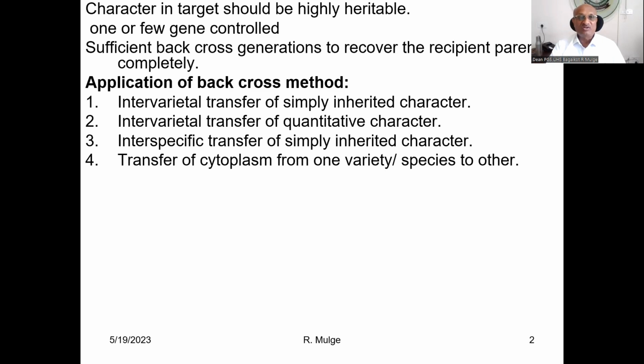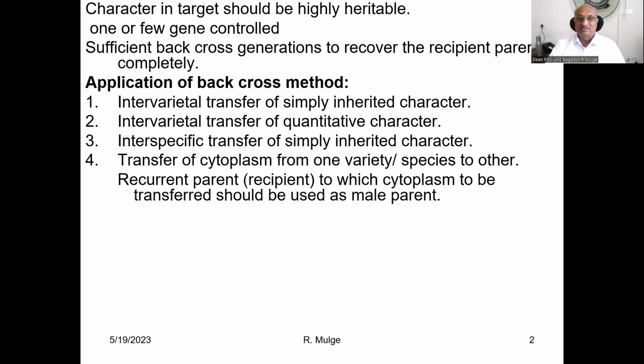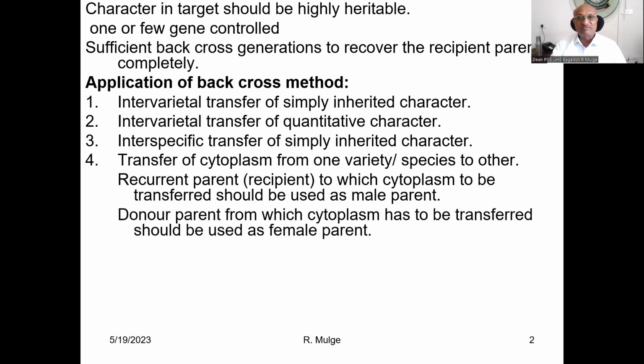Then it can also be used to transfer cytoplasm from one variety or species to another. The recurrent parent to which the cytoplasm is to be transferred should be used as a male parent. And the donor parent from which the cytoplasm has to be transferred should be used as a female parent. Very important. That means with the cytoplasm of the donor parent, you accumulate all the nuclear genes of the recipient parent.